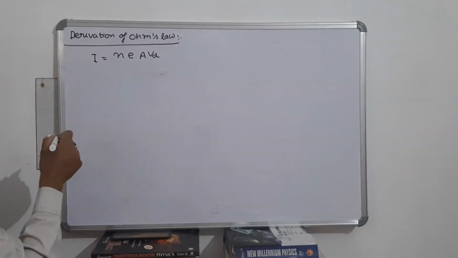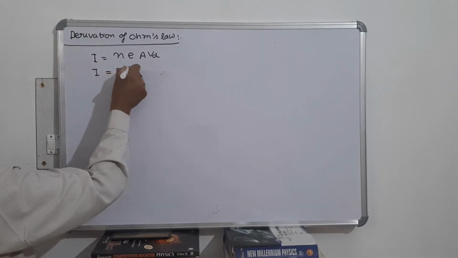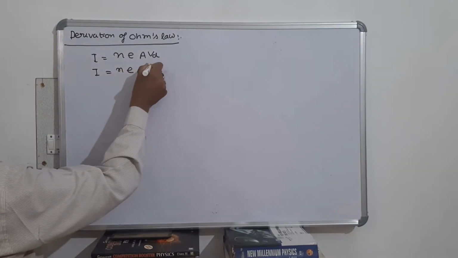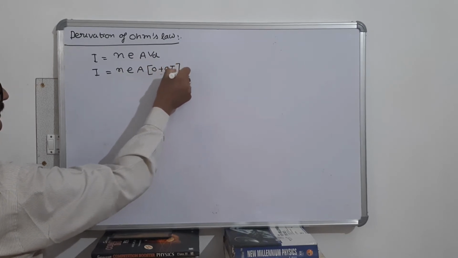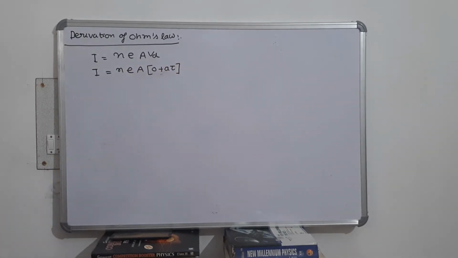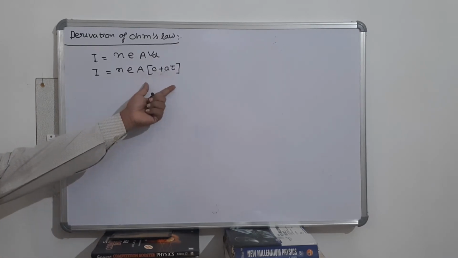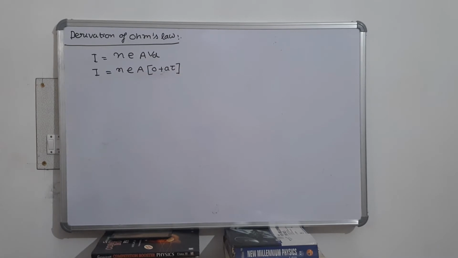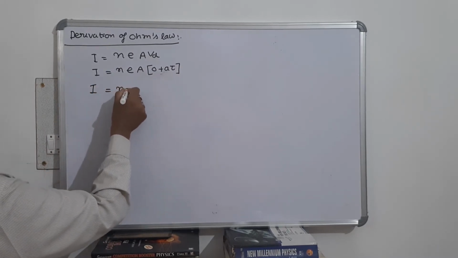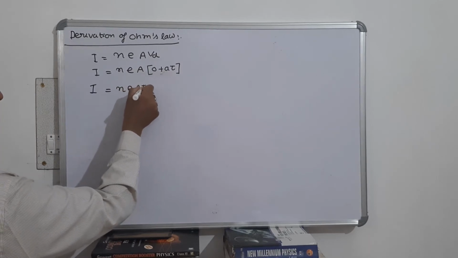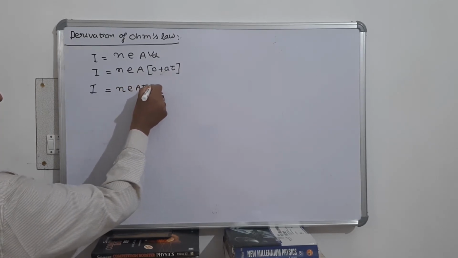When no potential difference is applied, the initial velocity of a free electron is 0. Therefore, you can write n e A (0 plus a into tau). Here a is acceleration, tau is relaxation time, and this formula is from the first law of motion, v is equal to u plus a t. So you can write I is equal to n e A tau a.